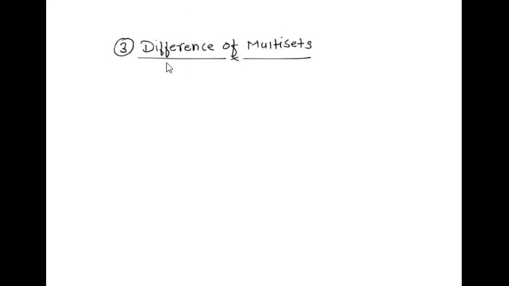Now next is difference of multisets. The difference of multisets is defined as: multiplicity of element x in set A minus multiplicity of element x in set B, and this difference should be greater than or equal to 1.